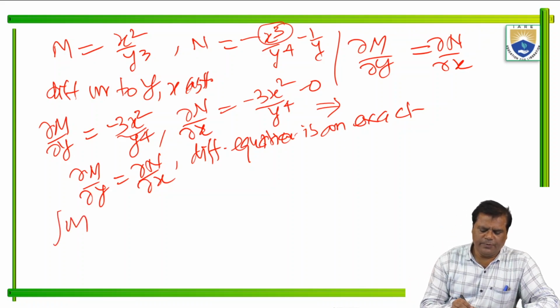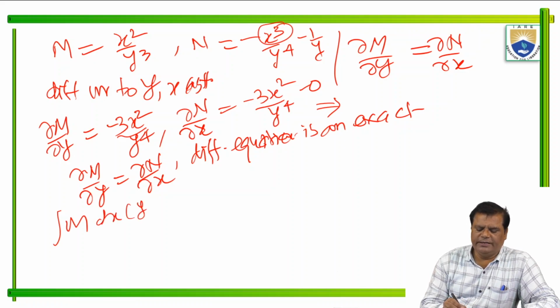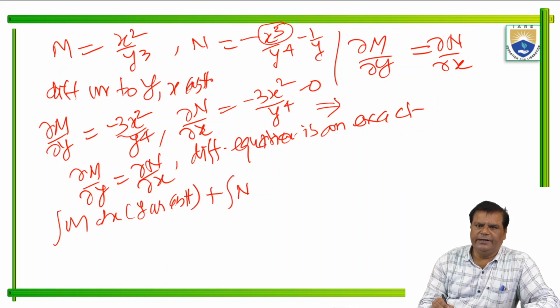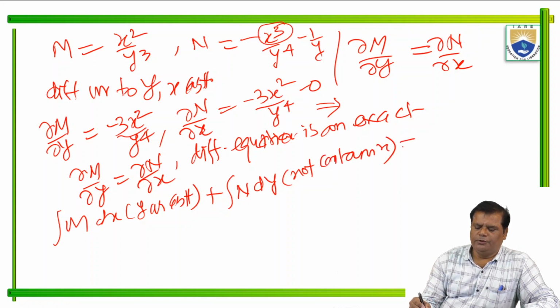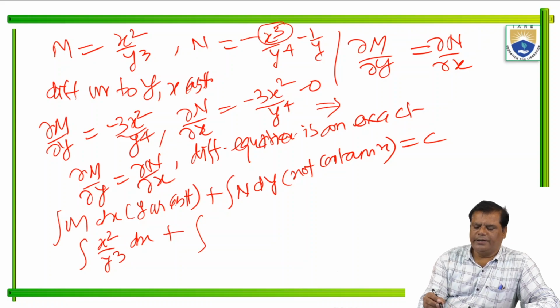Okay. So now we are integrating. Integrating m dx, y as a constant, plus integrating n dy, terms not containing x, equal to c. So integrating m is x square upon y cube dx, plus integrating the terms of n not containing x. Not containing x means there is only 1 upon y.